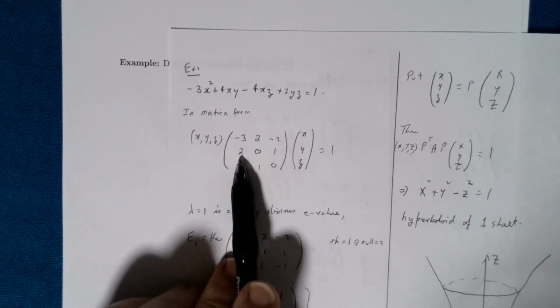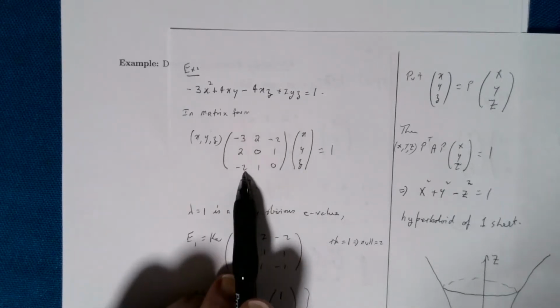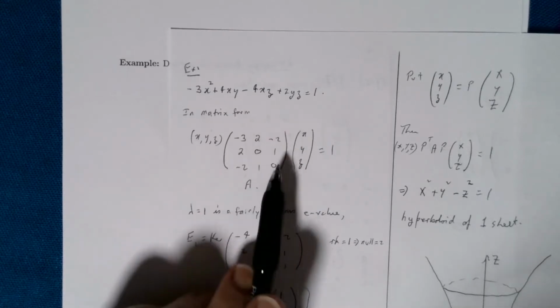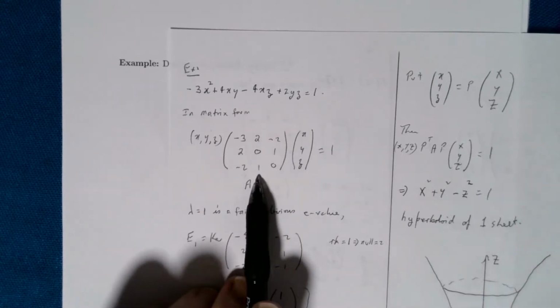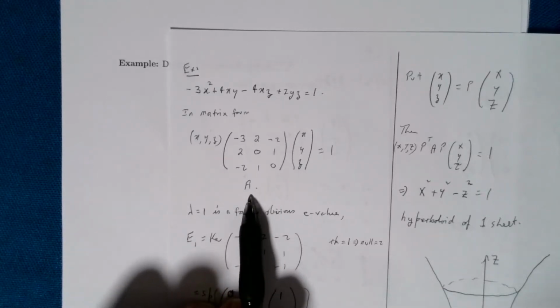Now similarly, the xz term is going to come from here and here, and so I share that equally, and the yz term will come from here and here, and we share that equally to get a nice symmetric matrix A.